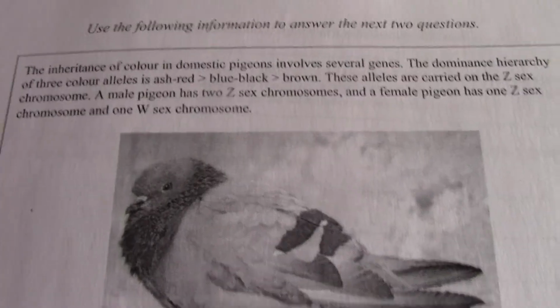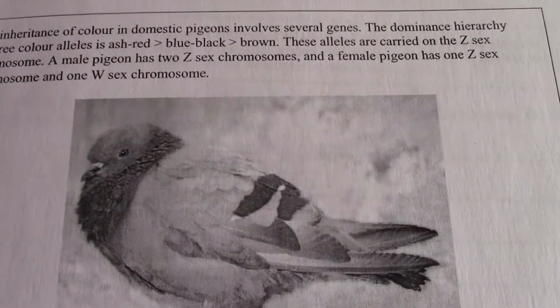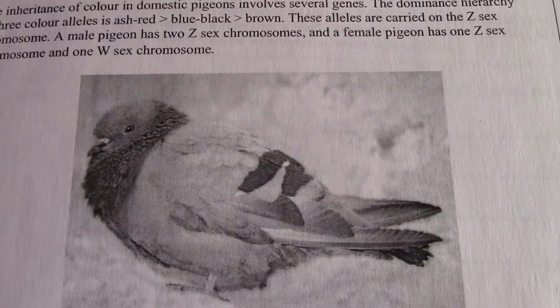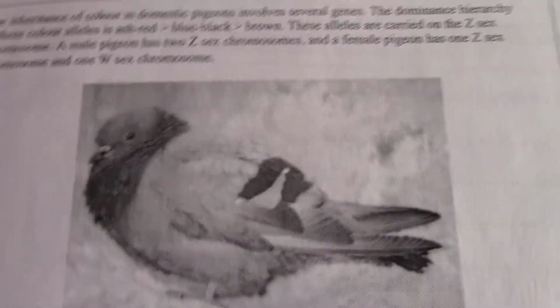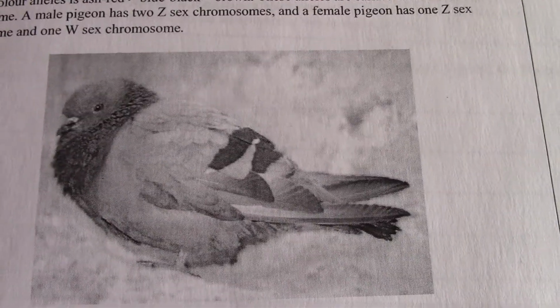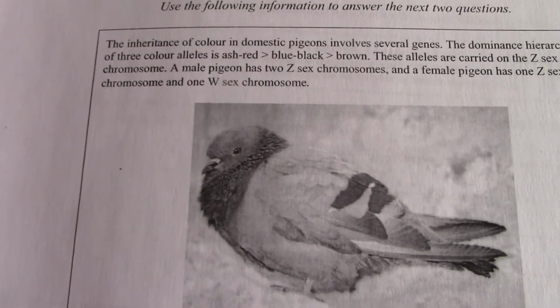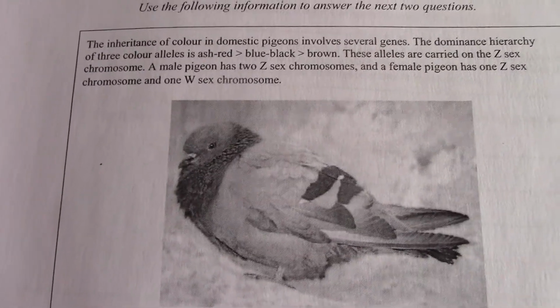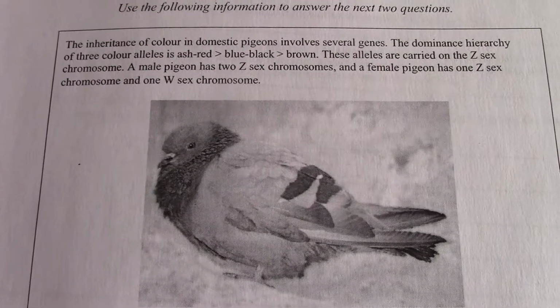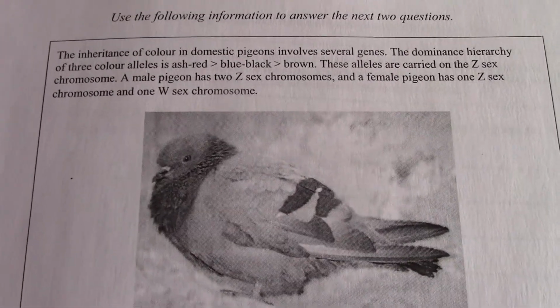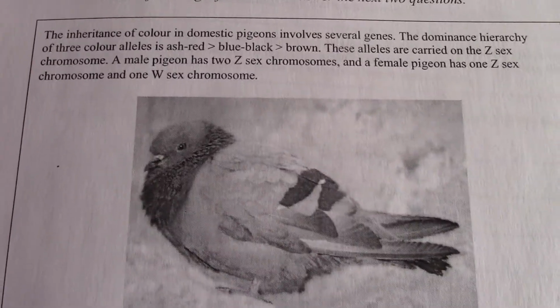But birds and reptiles have weird chromosomes. In mammals we have heterogamy in males, meaning that they have different chromosomes, right? So we have X and Y with sex chromosomes. But in birds and reptiles, females have heterogamy. So this is different from what you're used to. All right? So first and foremost, you have ash red.